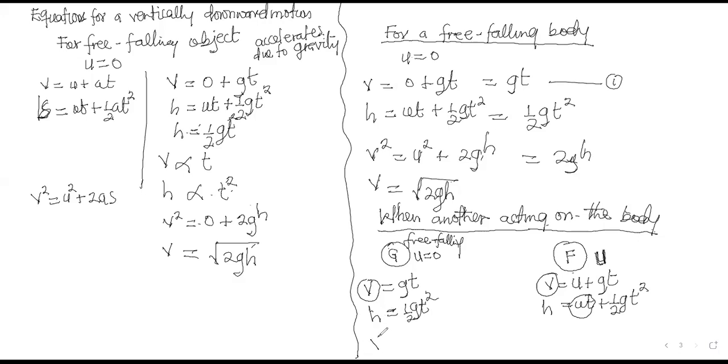Then v squared will be equal to 2gh. Here v squared would be equal to u squared plus 2gh. So this is the difference between when the body is free falling and when the falling body is acted on by another external force. Please, are we okay?